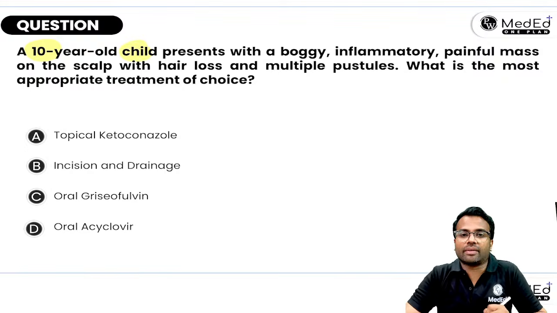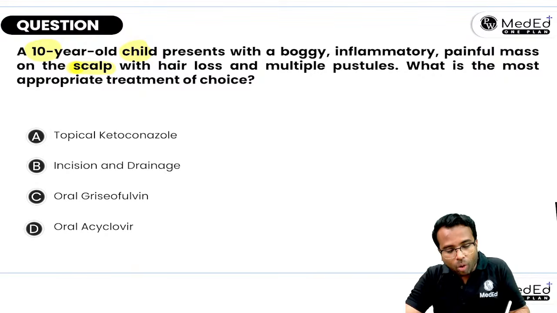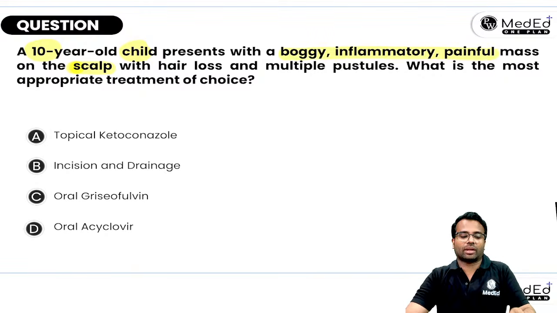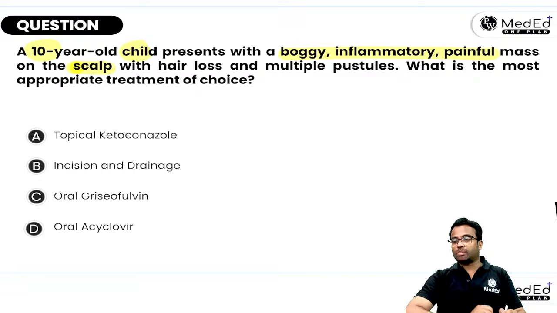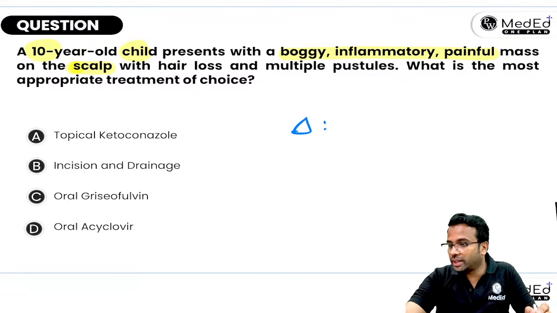A 10-year-old child is having a lesion in the scalp, and the presentation is very typical. Boggy inflammatory swelling. What is the diagnosis that comes to your mind here? Anyone? I'll be more than happy if you're able to give an answer in the chat box. What is it? Tender boggy inflammation over the scalp.